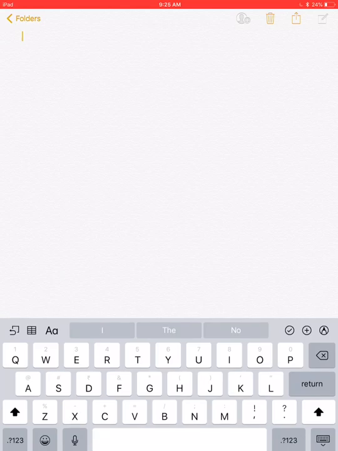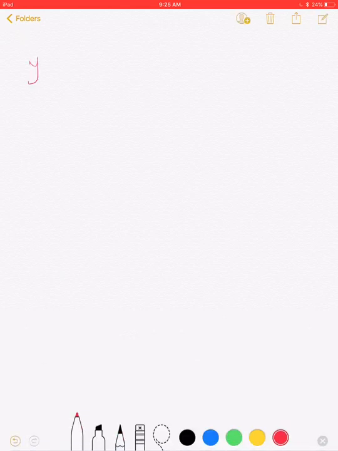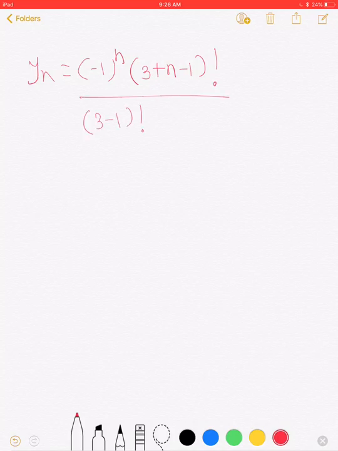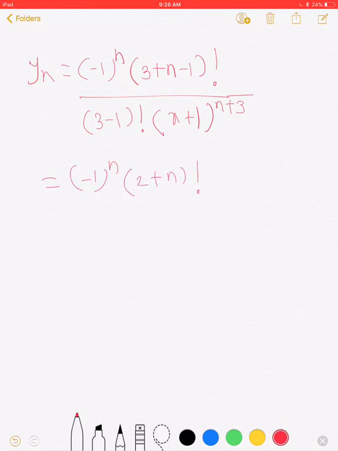So just substituting the values in the formula, we will get yn is equal to minus 1 raised to the n, the value of m is 3, so 3 plus n minus 1 factorial upon m, that is 3 minus 1 factorial into x plus 1 raised to the n plus 3. So this is minus 1 raised to the n into 2 plus n factorial upon 2 into x plus 1 raised to the n.